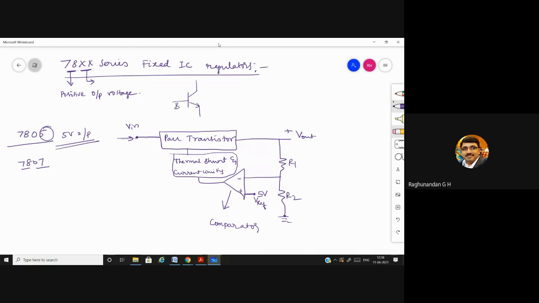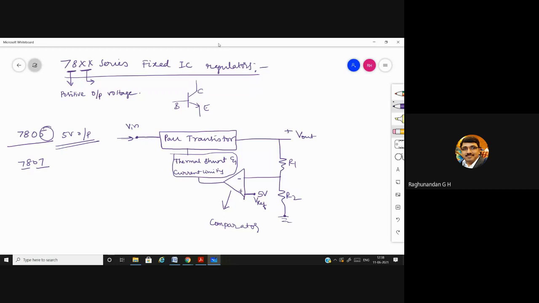So base, collector, emitter are the three terminals of the transistor. There is a lot to be told about the transistor, but there is a separate chapter we can discuss during that time. Just as of now, whatever is required, we can discuss. So here we call it a thermal shunt and current limiting circuit because it is connected parallel to the flow of current.